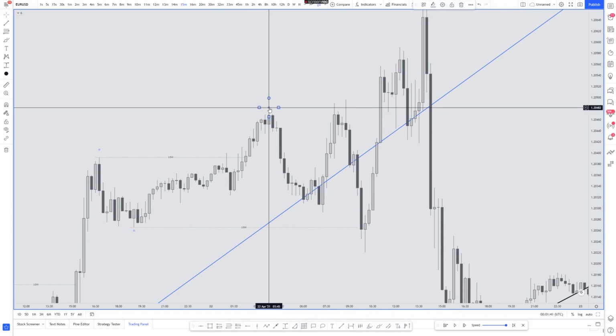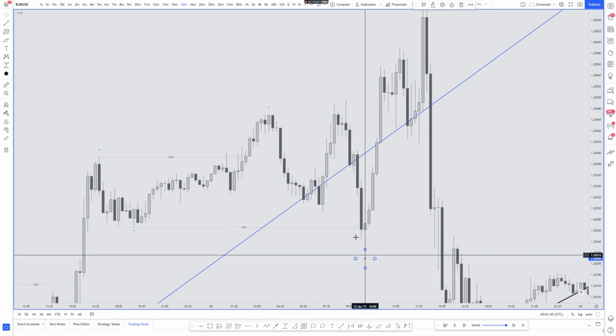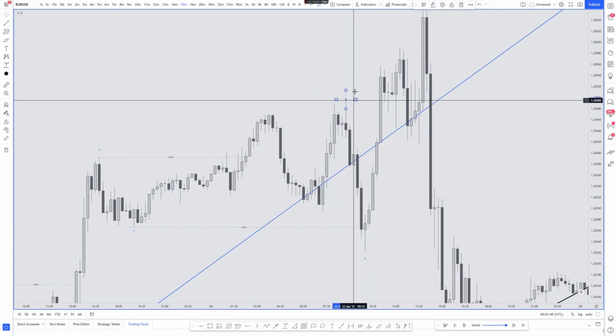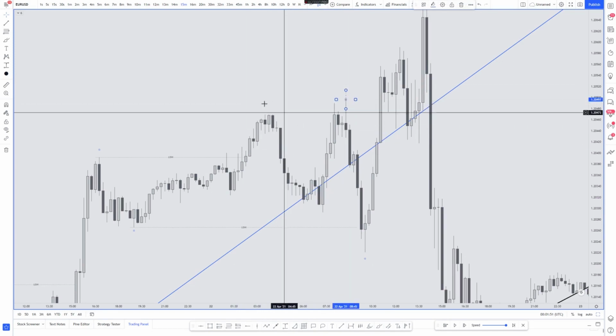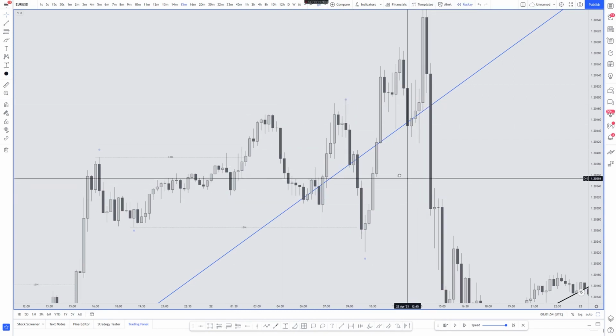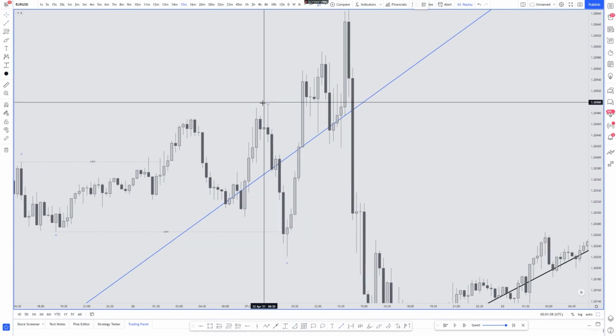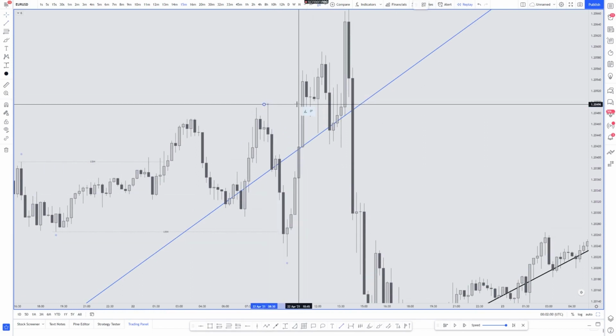So once again, we have the high, we have a low here. Now if you wanted to move this dot over to this section, because these are higher points than the points over here, you totally can. Once again, we break structure here.